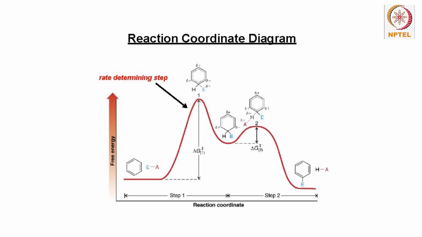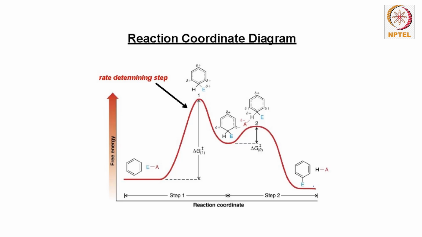So now what will happen? This is our substrate. First the electrophile enters, and this needs a huge amount of activation energy, and after that this intermediate gets some stability through resonance, and through removal of the hydrogen we will get our desired product.